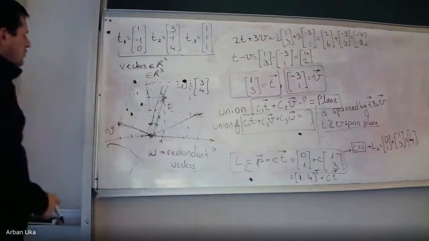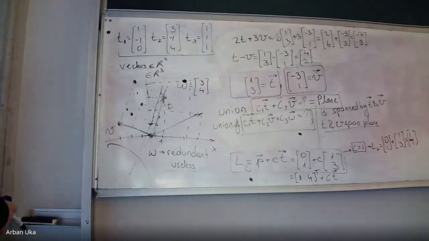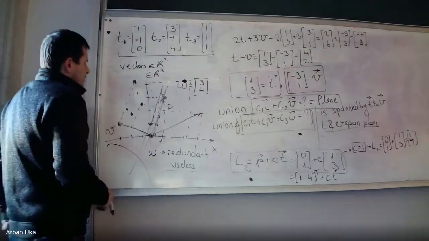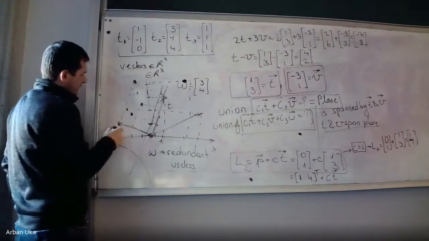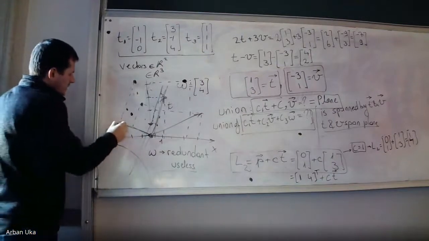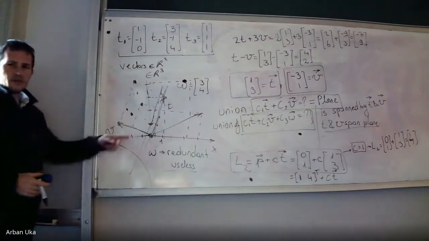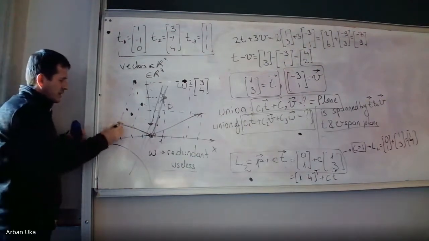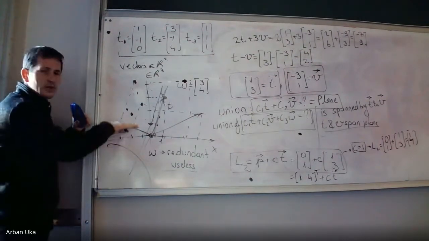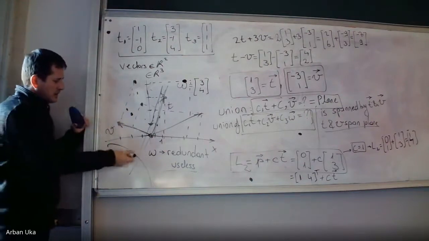If we want to show this one in space, we could define this as follows. So this is the vector T minus V. Where is V? V is this vector which starts in the origin and ends up somewhere here. And this vector V, we can move parallel, keep in the same direction.